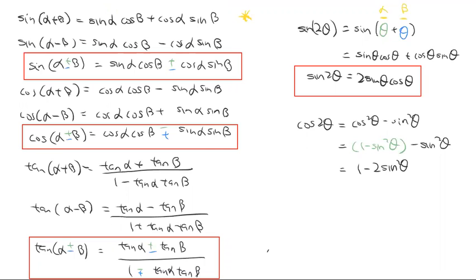So we showed an example where we changed it from cos squared to sine squared. Now, if I want it in terms of cos squared only, I would need to change the sine squared to cos squared, right? So, cos squared theta minus 1 minus cos squared theta.